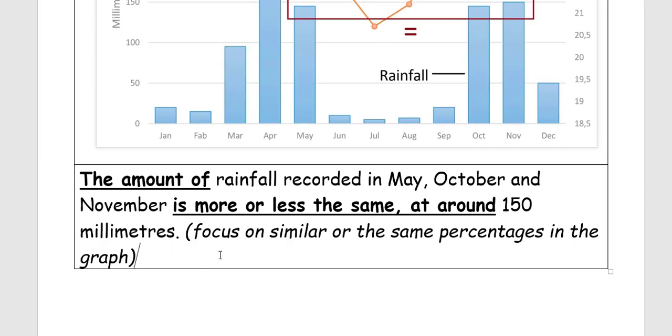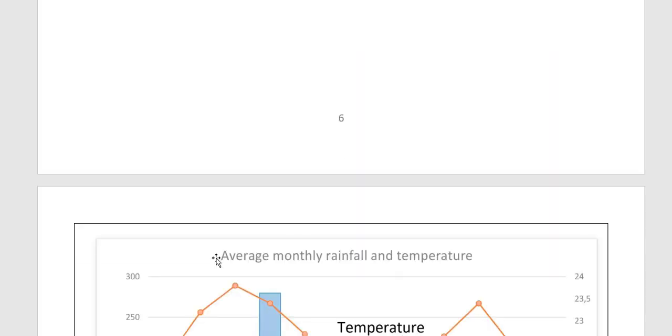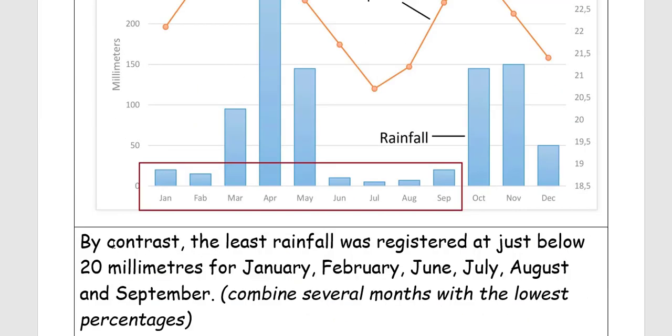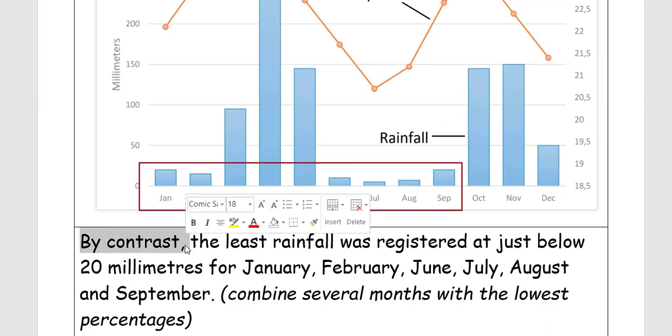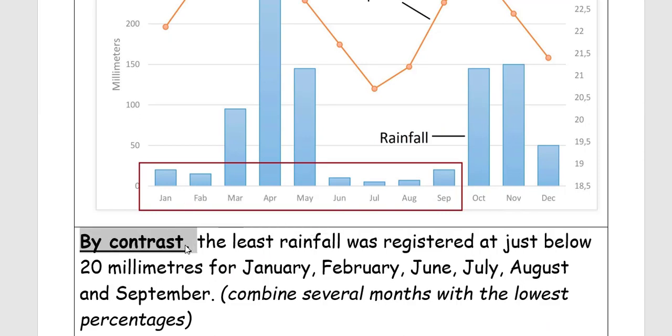So our job is to focus on similar or the same percentages in the graph. Next, by contrast, so when you first describe the highest percentages and then you want to focus on the lowest percentages, use the phrase by contrast.